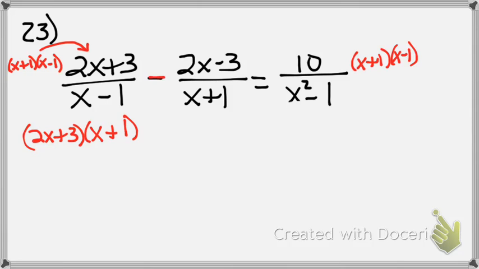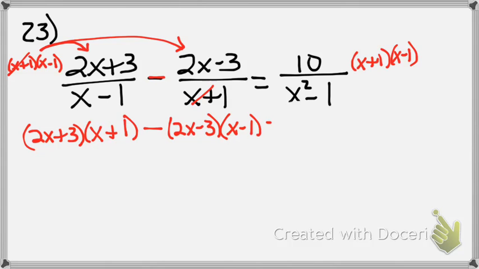Then I'm going to write this minus, and I'm going to multiply that times this term, where the x plus 1 is going to cancel out. So I'll have 2x minus 3 times x minus 1 equals, on the right hand side of the equation, the denominator and both the terms cancel out, and I'll just have the 10.